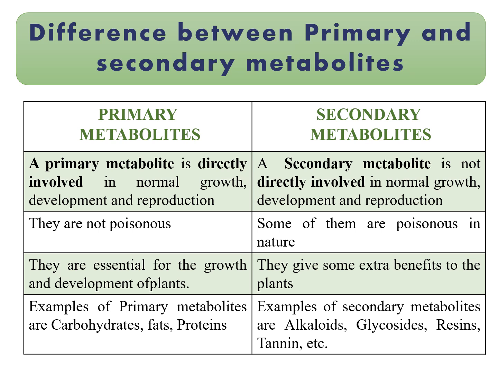development and reproduction. While secondary metabolites are not primarily formed by the plants, so they are not directly involved in normal growth, development and reproduction. But as I told you, whenever a primary metabolite is produced, for example glucose or carbohydrate, it is utilized by the plants.